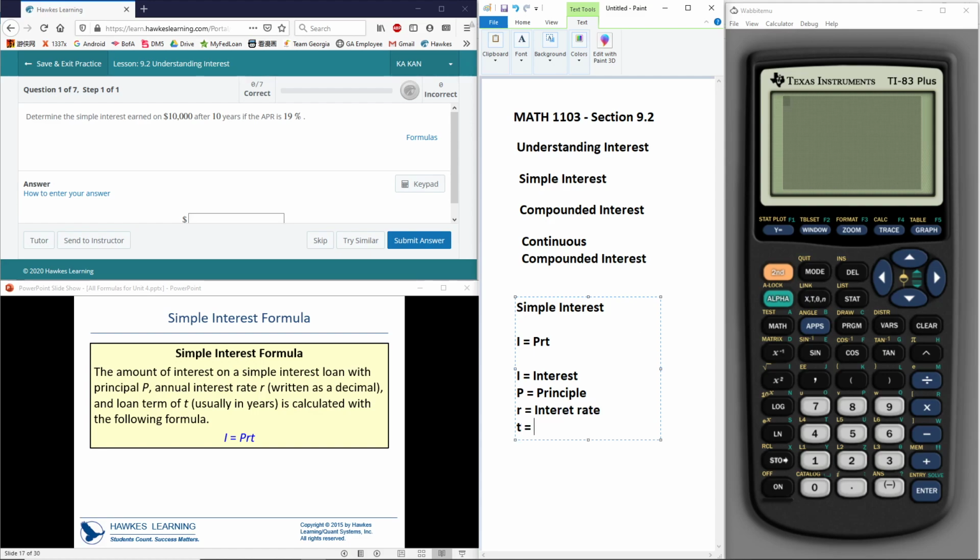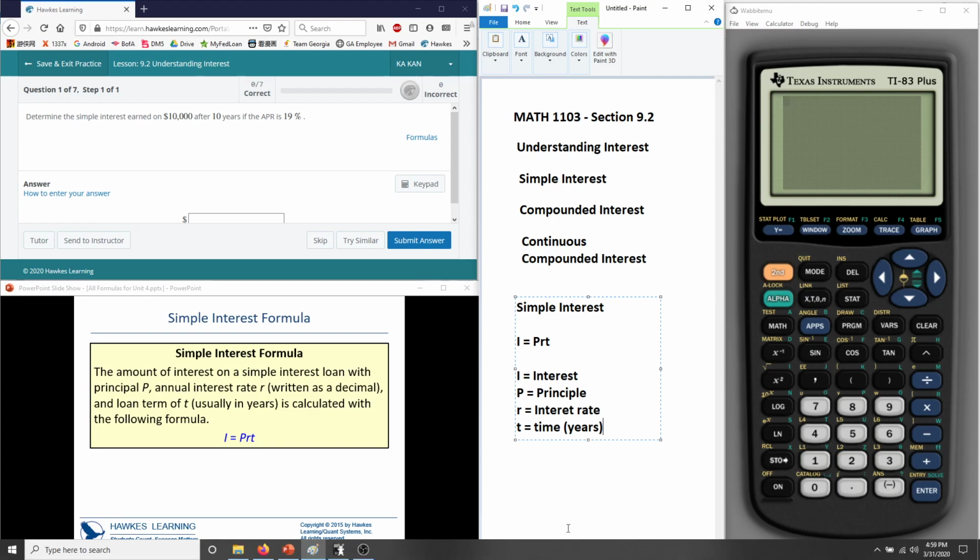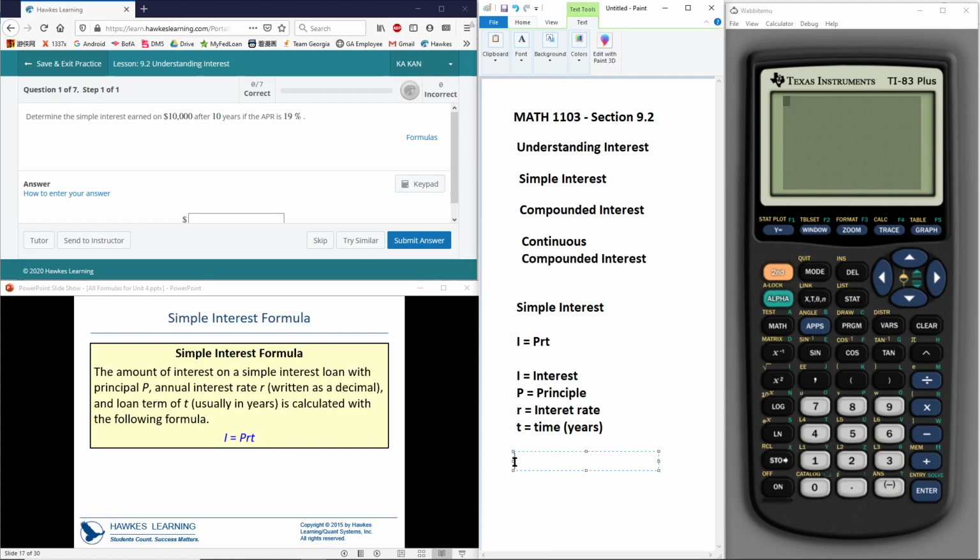And T equals time. Now, time in finance is always regarding years. How many years you get. So it could be 2 years, could be 1 year. It could be half a year, 3/4 year. So that's something you gotta think about. So for this example, we know that the principal is 10,000.